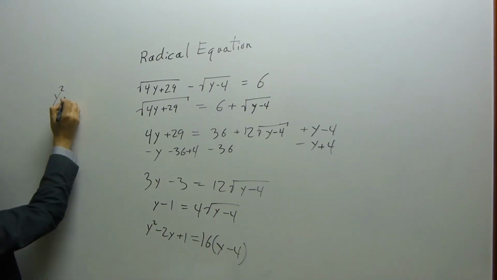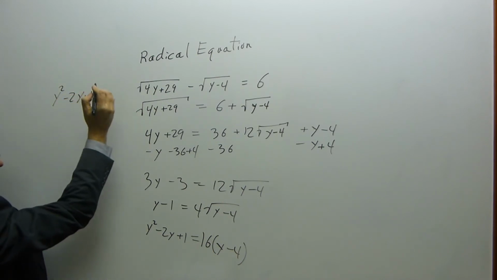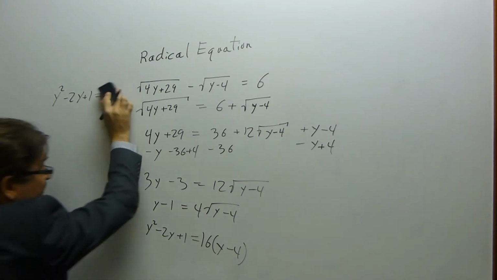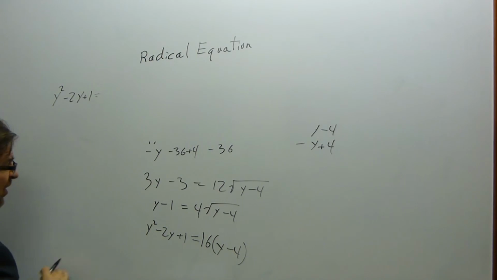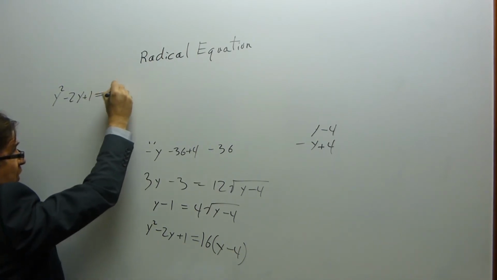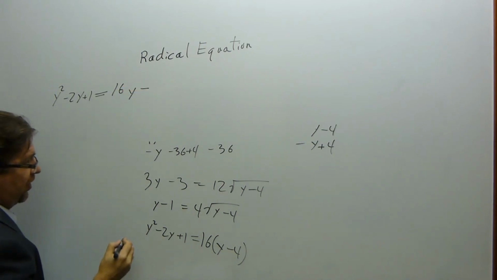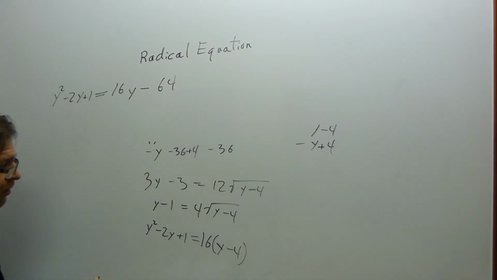Y squared minus 2y plus 1 equals 16y minus 64. 4 times 16, pull your calculator if you need to, that's 64.